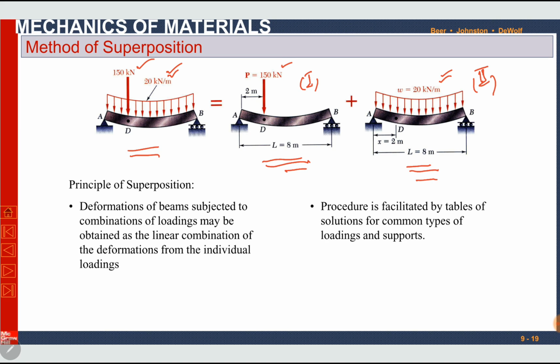For these individual beams of case 1 and case 2, similar cases can be found. There are some standard expressions for deformation and slope given in the appendix of a textbook, so we can utilize them. This procedure is facilitated by tables of solutions for common types of loading.